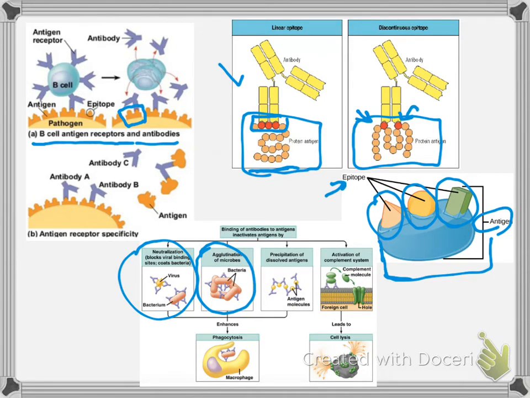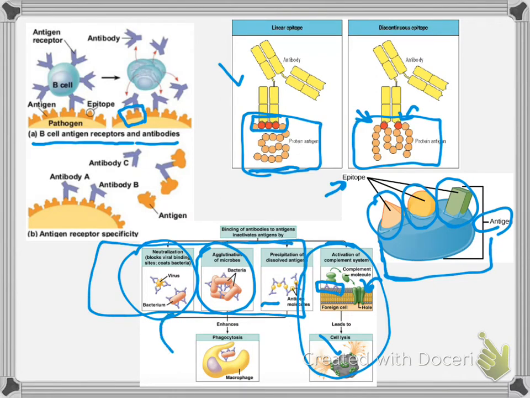And then, of course, you can bind to the actual antigen molecules and try to reduce their ability to infect a cell. And then we talked about the complement system the other day. So the antibodies can help increase the chances that these proteins will come and help lyse the cells. So all of these, right, antibodies are going to help bind and increase phagocytosis, which is of course going to eat the pathogens.